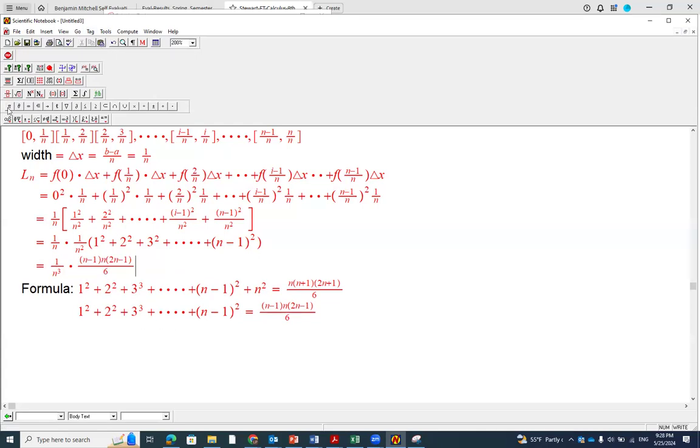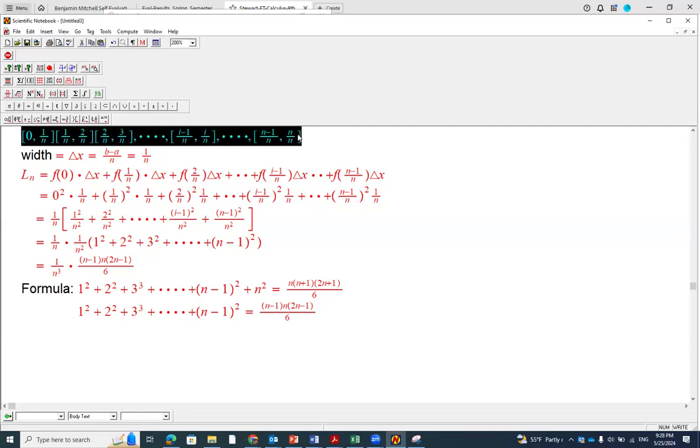Okay, so that's the final formula if we divide the interval into n subintervals and use the left endpoint of each rectangle to approximate the total area.